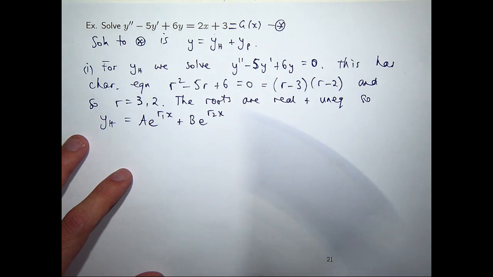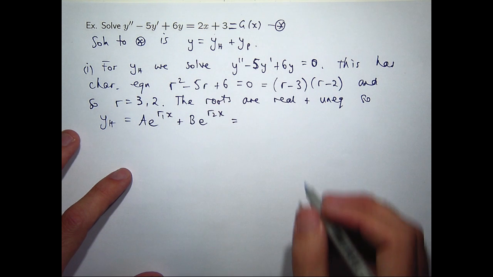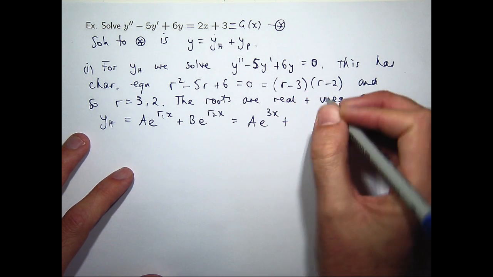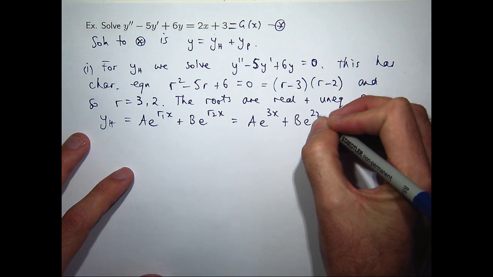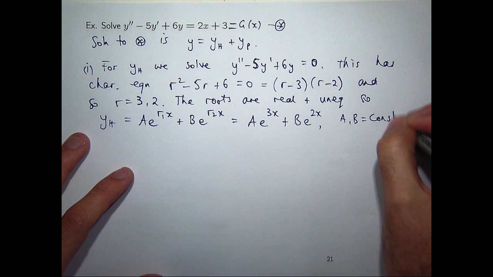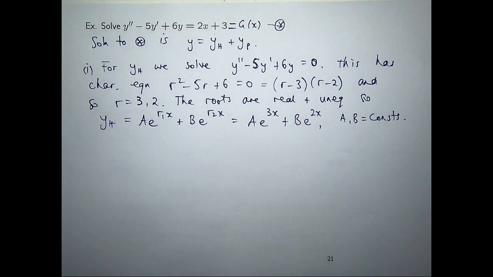Okay, r1 and r2 are just the roots. A and B are just constants. Now it doesn't matter which way you put in the r1 and the r2. It's just a general solution.